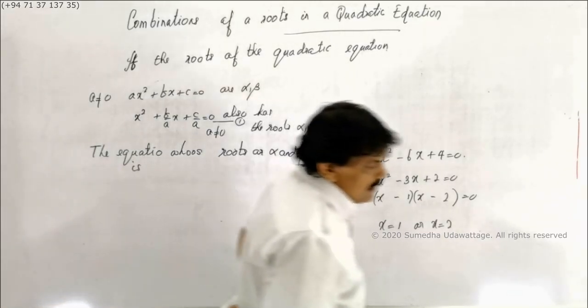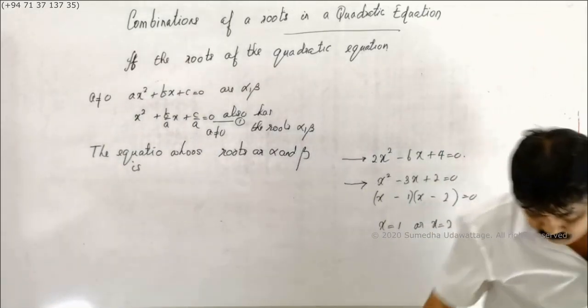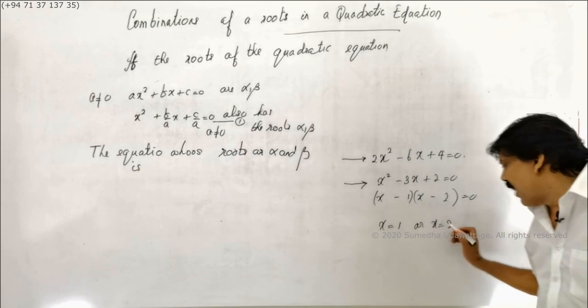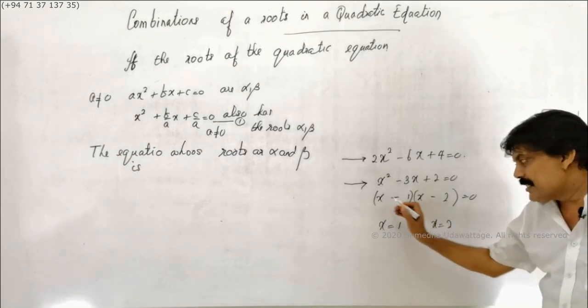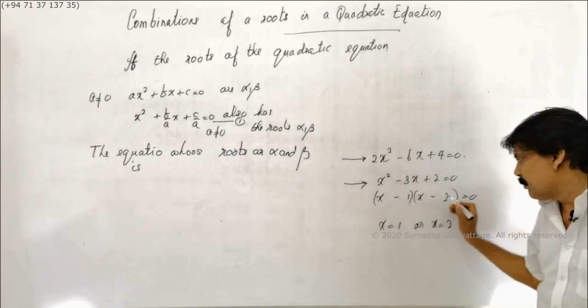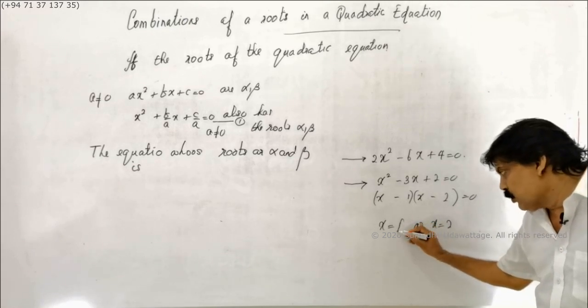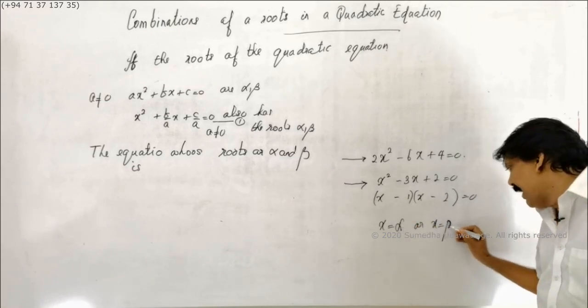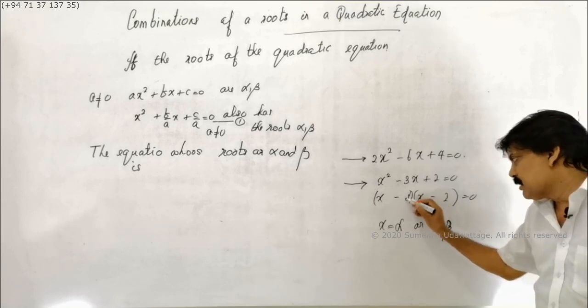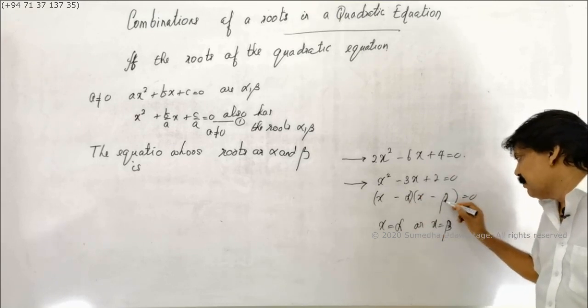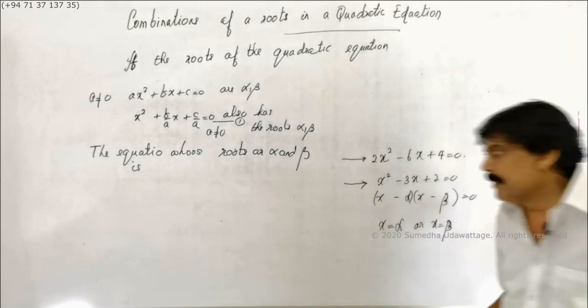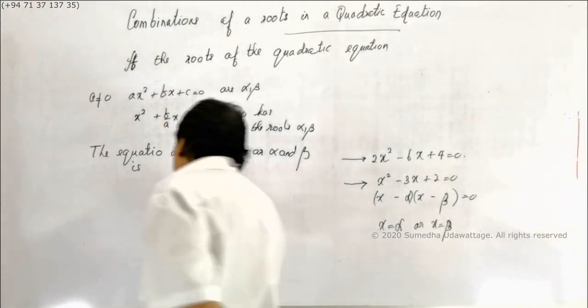In this certain situation, the equation whose roots are 1 and 2 was x minus 1, x minus 2. Then the equation whose roots are alpha and beta would be x minus alpha, x minus beta. I take that logic here.